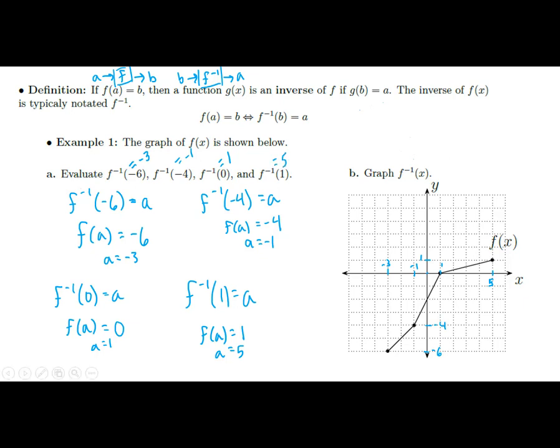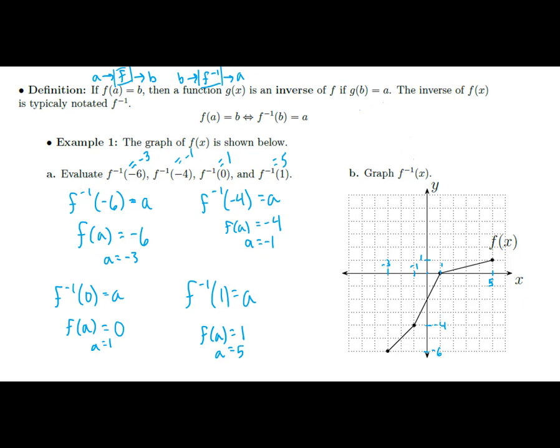Okay. And then the second thing they wanted us to do here is to graph the inverse function. So if I want to graph this, now that I have evaluated 4 different input values for the inverse and found the output value, that actually gives me 4 ordered pairs that I can graph.